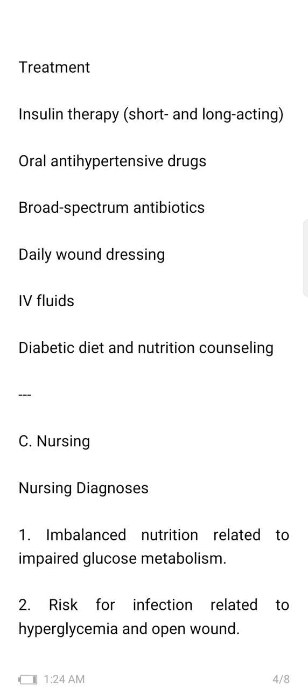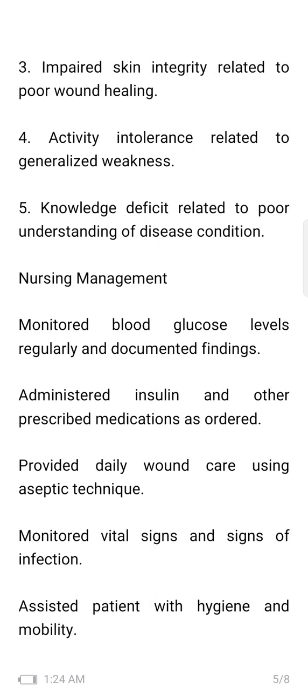For the nursing diagnosis, there is a way of writing it using the NANDA. The first one that was written here was imbalanced nutrition related to impaired glucose metabolism, risk for infection related to hyperglycemia and open wound, impaired skin integrity related to poor wound healing.